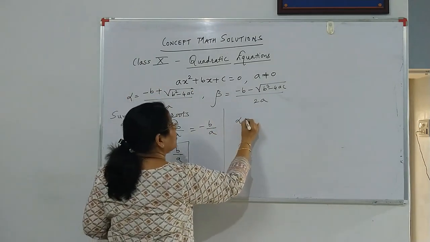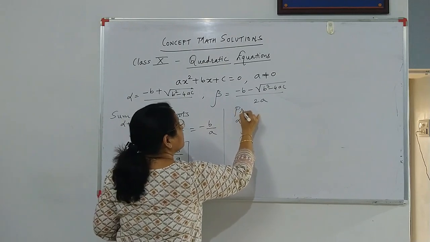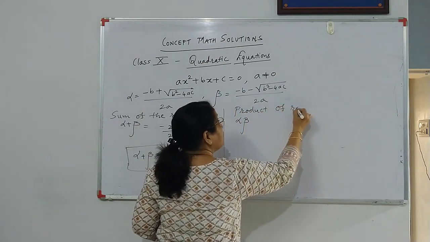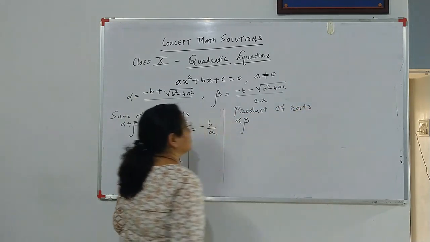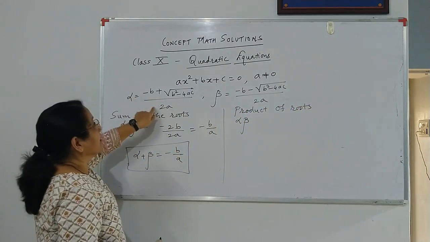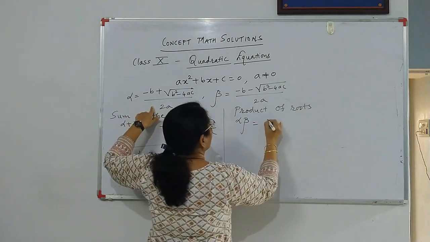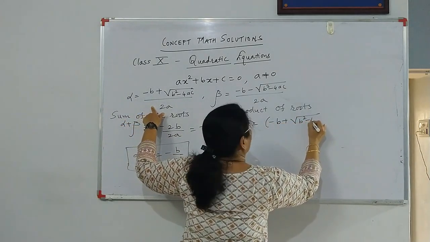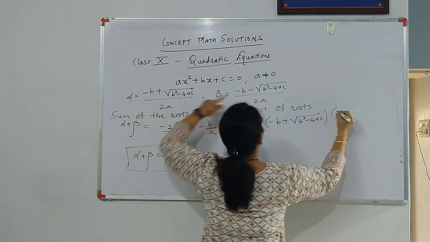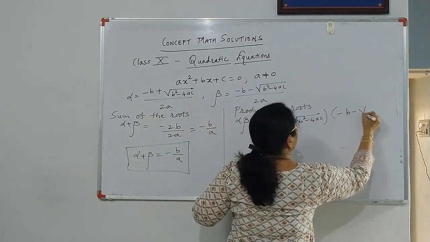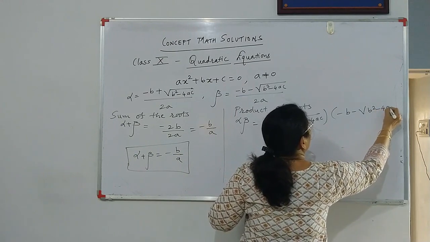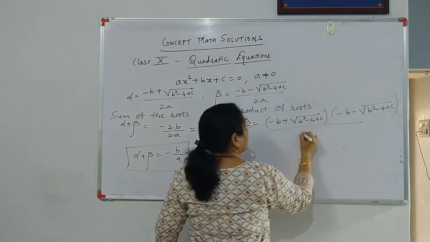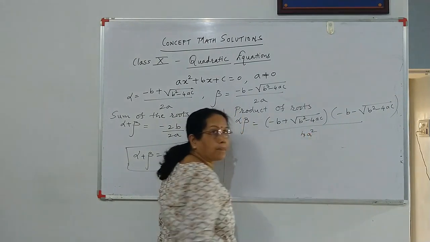If I go for the product of the roots, these are two very important relationships of the roots in a quadratic equation. So product of roots, again I can multiply numerator minus b plus root of b square minus 4ac into the numerator of this, minus b minus root of b square minus 4ac, upon 2a into 2a, is 4a square.